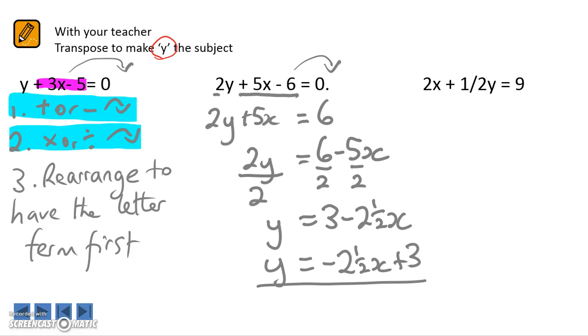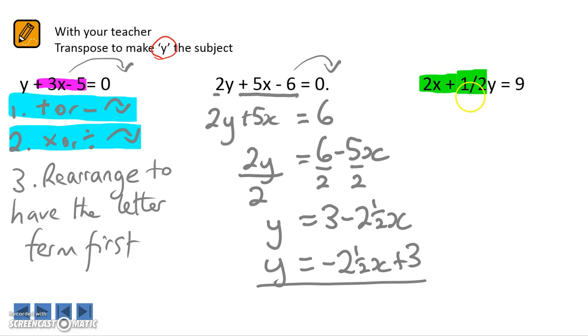Okay, let's have a look at the next example. On the right hand side there, we've got 2x plus half y equals 9. So we have to highlight all those things that need to move over, so we're just left with y. So we've got plus 2x we're taking over, and we've got half multiplied to the y that we've got to take over. So which one comes first?